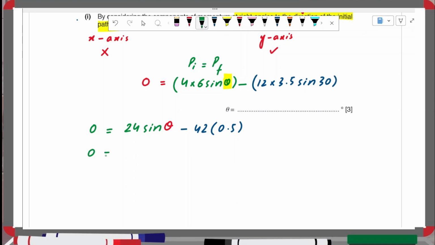So 0 equals 24 sine theta minus 42 times 0.5, which is 21. Now minus 21 shifted to the other side would be plus 21 equals 24 sine theta.